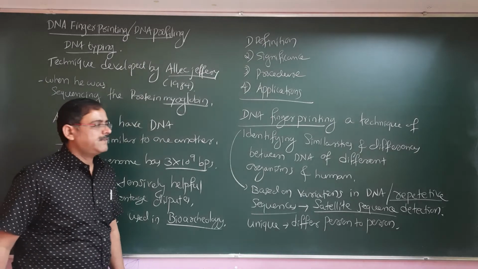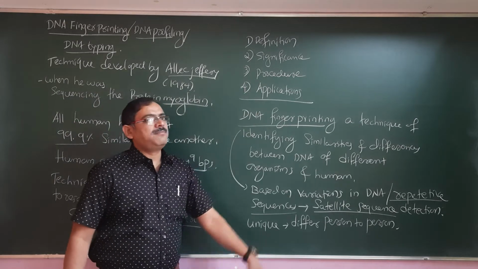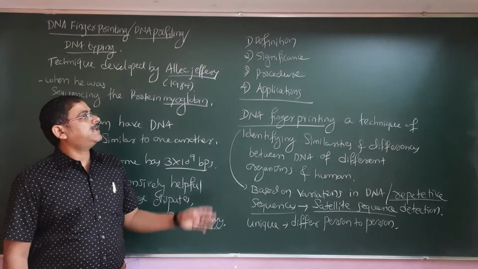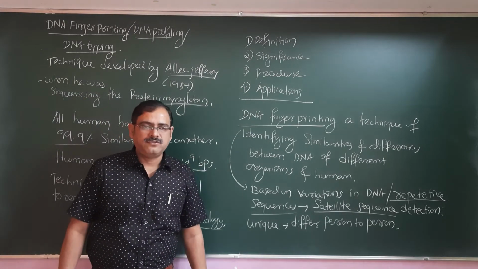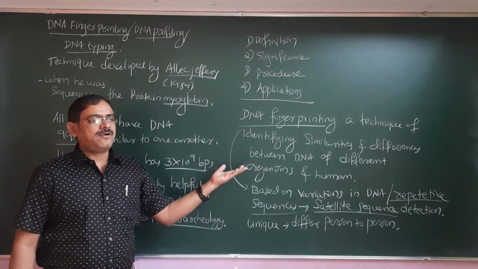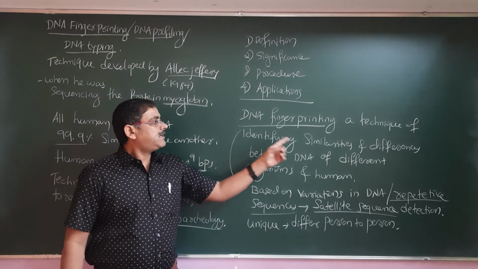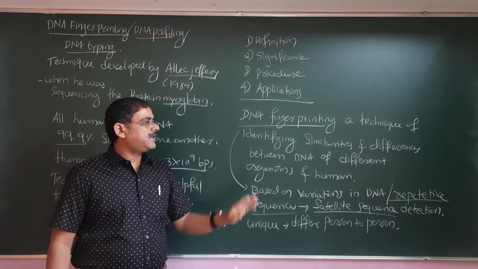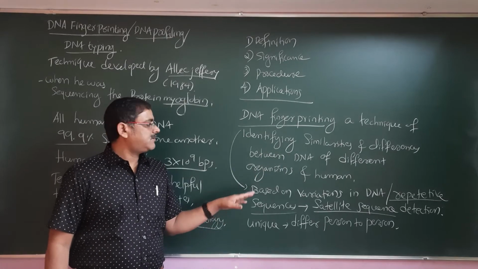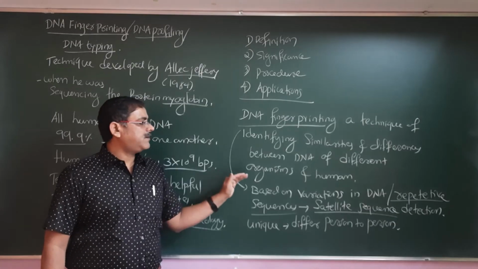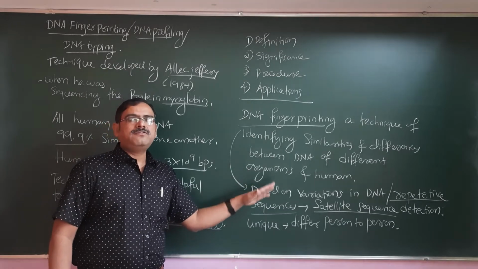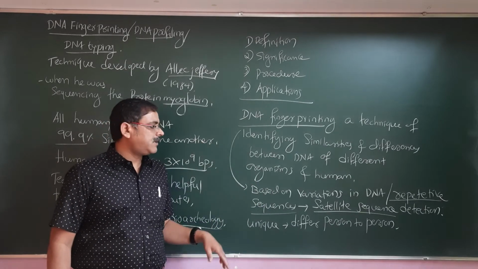We will be discussing their significance, and then the procedure and applications. By definition, it is a technique of identifying the similarities and differences between the DNA of different organisms, humans or samples.